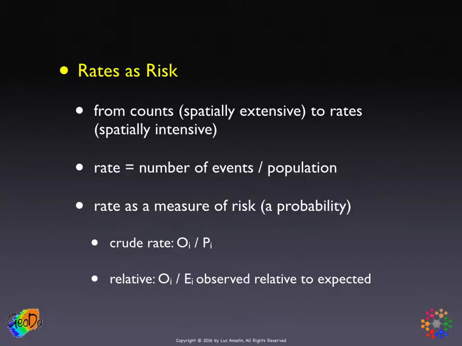What this relative rate does is it is a ratio of the observed number of events over the number of events we could have expected if some equal risk process was at hand.